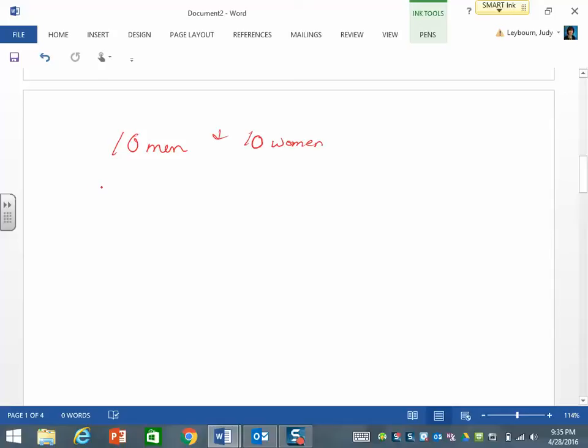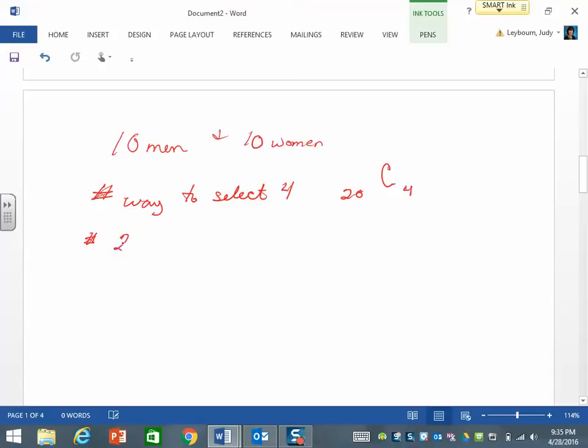So the number of ways to select 4 would be 20, because there's a total of 20 people, choose 4.